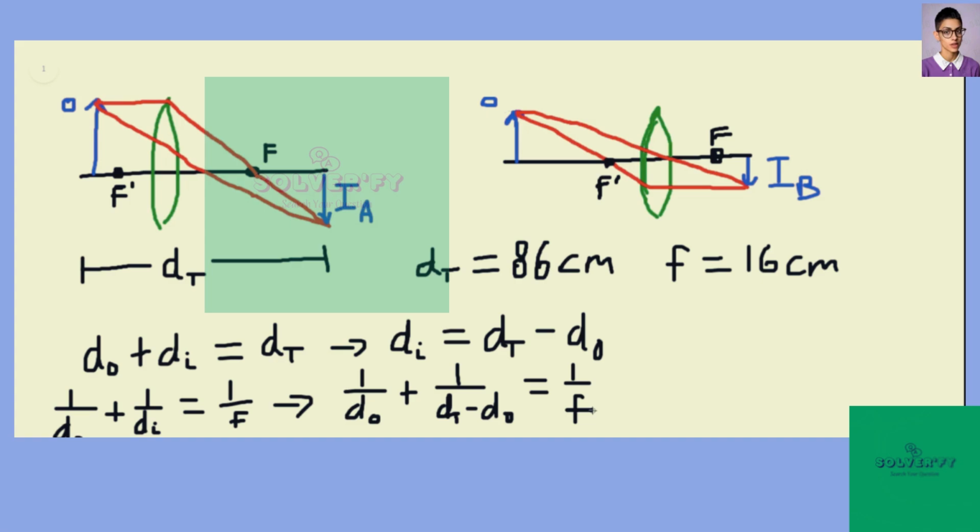Now we can subtract the 1 over f to the other side. So let's just go ahead and do that first. This is minus 1 over f, and that's equal to 0 now.